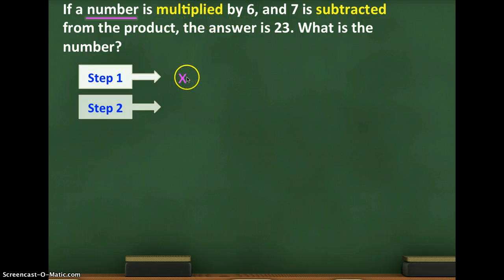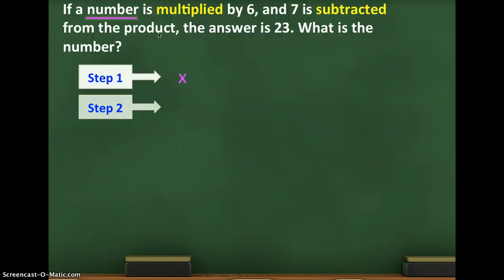So I'm going to multiply my variable to 6. And on the second phrase, it says 7 is subtracted from the product. So from the answer in that multiplication that we have, we should subtract 7 from it.